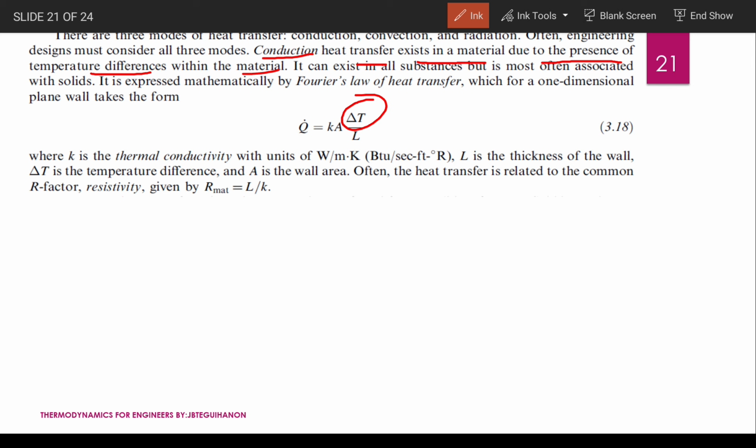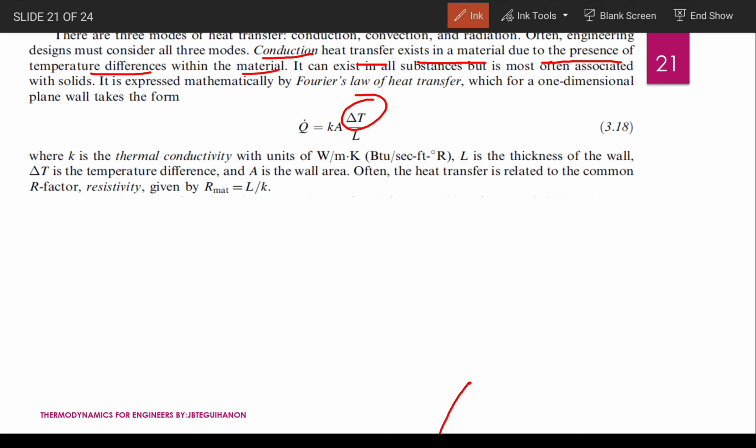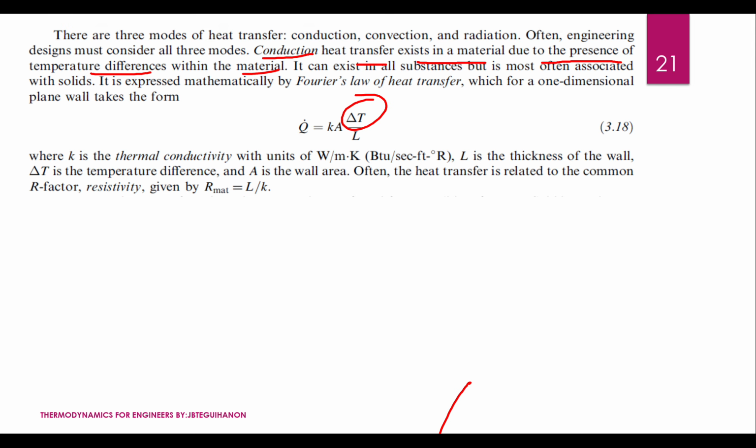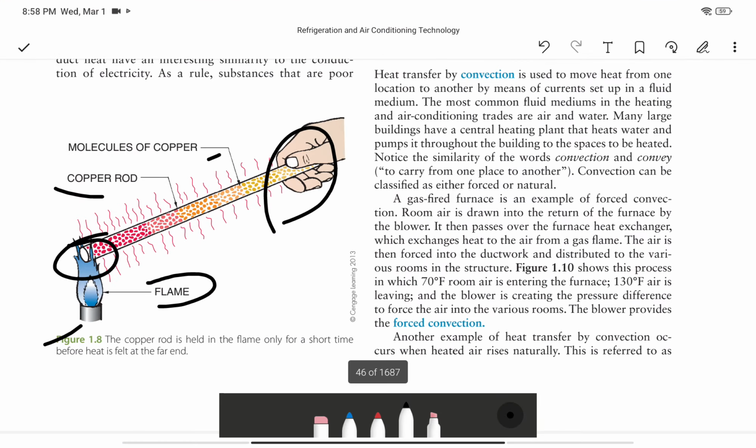In the copper rod, there had been a transfer from the flame because the flame has a high temperature.